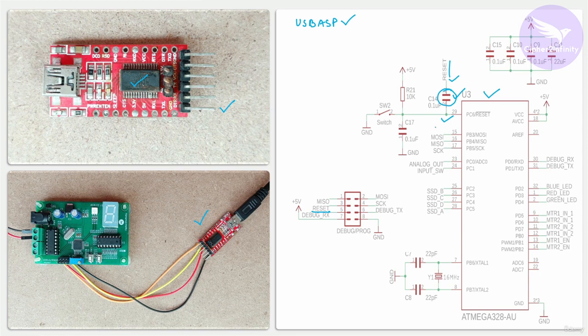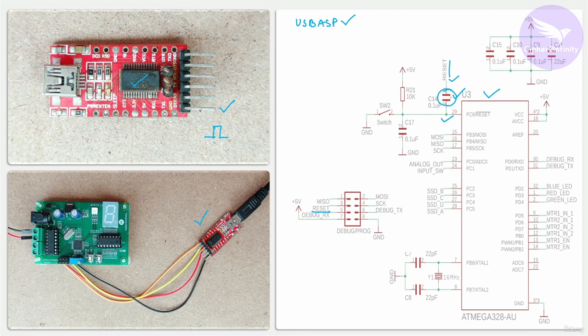Then this particular IC is going to generate this kind of signal on this DTR pin, and this signal will be provided to this capacitor, and this capacitor is going to reset the controller with the help of this signal.